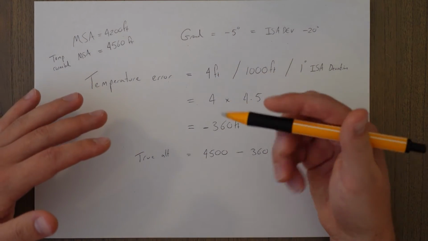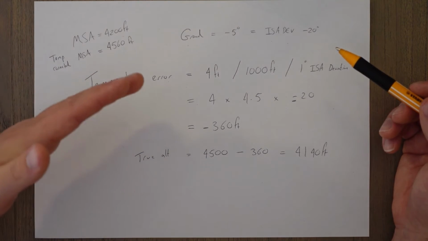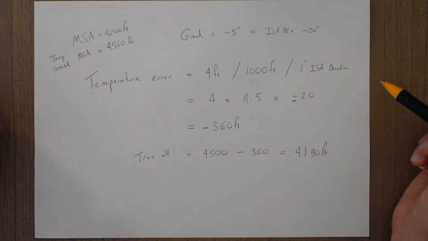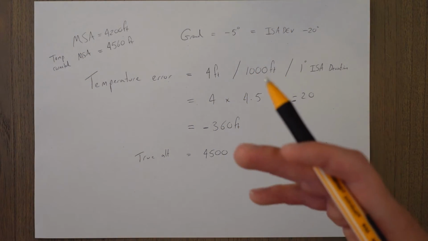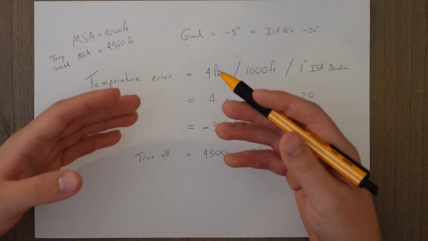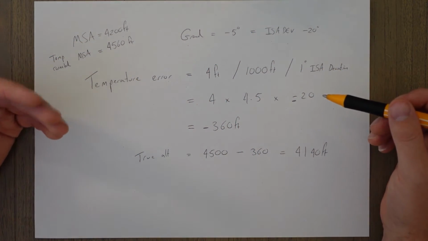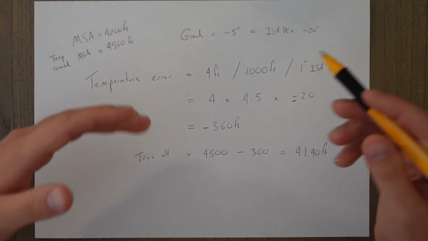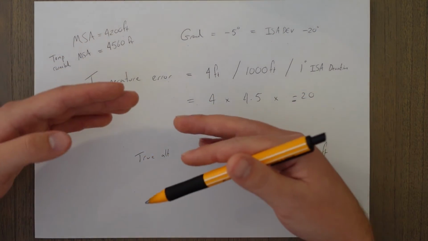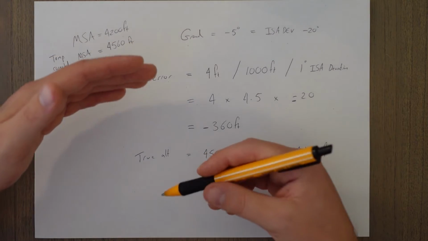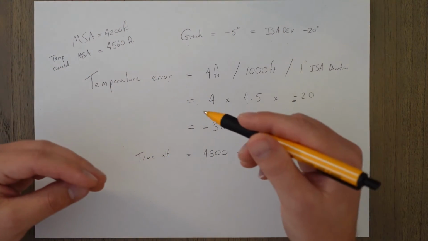That way, when we're flying along, no matter what the temperature is, we're not going to bust below MSA, and that is going to keep us nice and safe. The MSA altitude is also based off of QNH, not a flight level. So if we were flying at a lower flight level, there might be an error between our flight level based from 1013, the standard pressure setting, and the altitude based off the local QNH, which again we would have to account for.